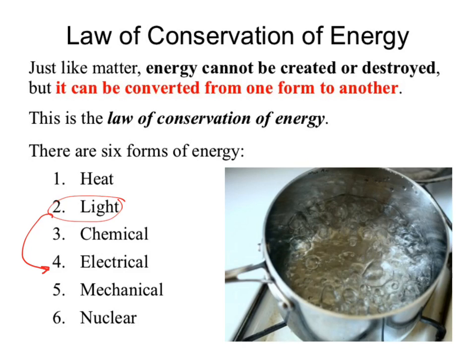Nuclear. What's happening with our nuclear? It is actually coming from a mechanical. It is a turbine moving. That turbine moving was actually due to water boiling, which was heat. Where did that heat come from? Nuclear. Every single one of those arrows results in a conversion of the energy from one state to another state.